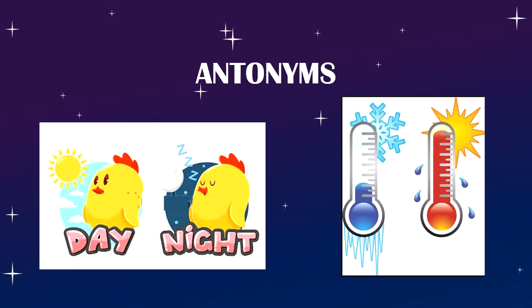One shows the temperature is low, it's freezing. The other one, the temperature is soaring high and it is very hot. So hot and cold are opposites. Now do you remember what are antonyms? Yes, antonyms are opposites. So in our story, if we have to use antonyms, what can we use?